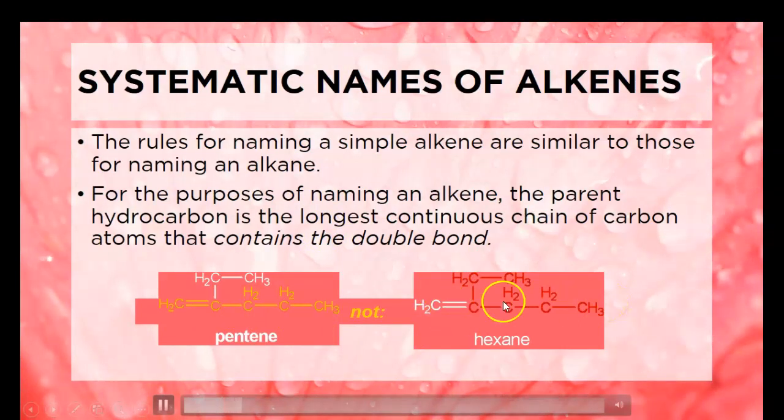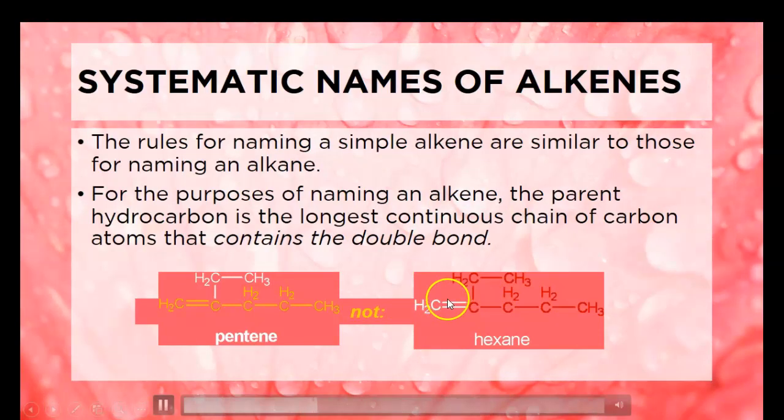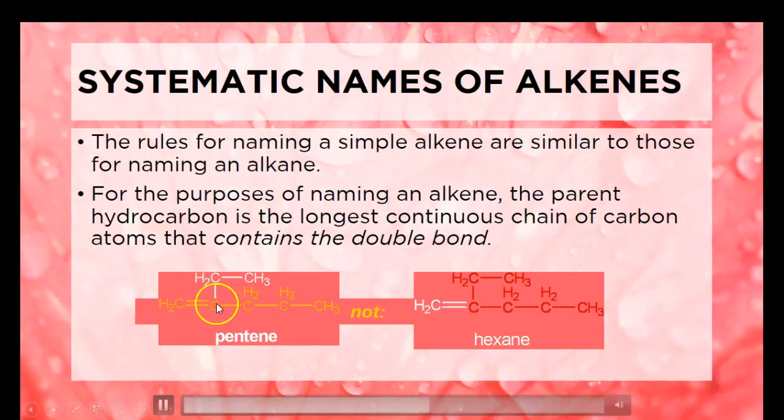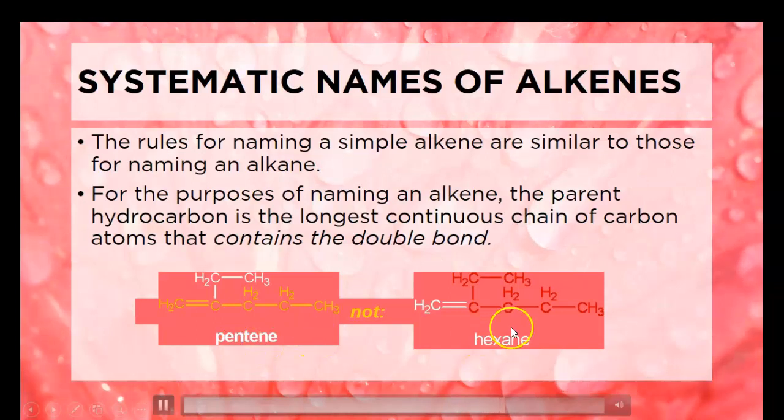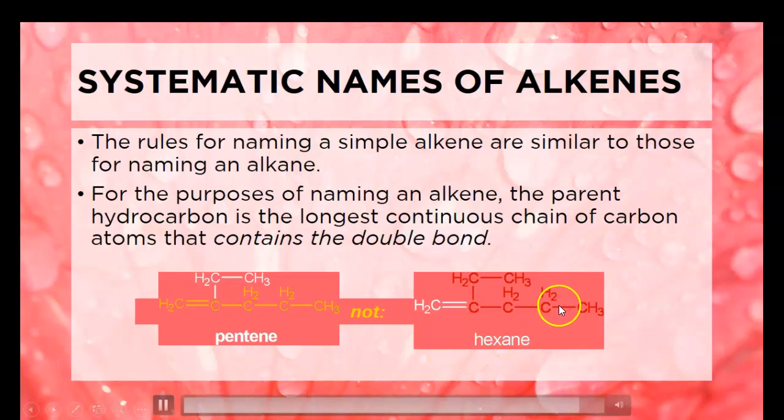I don't want to name it by any single bonds because I don't have a name for this double bonded branch. I have to look at where the double bond is, make the double bond part of my parent chain, and then put a branch off of that pentene rather than calling it hexane. So always put the double bond in your parent branch.